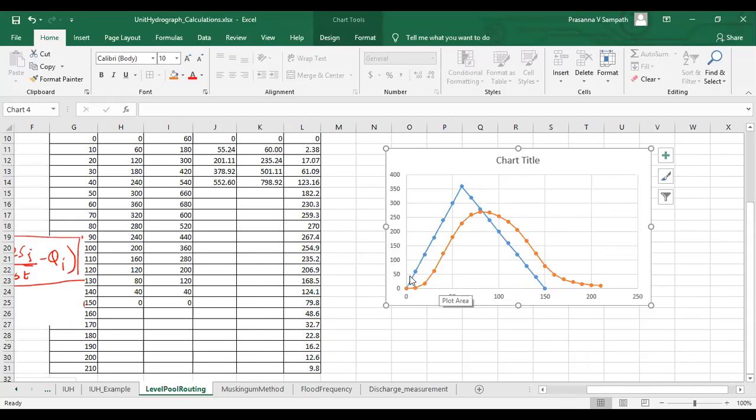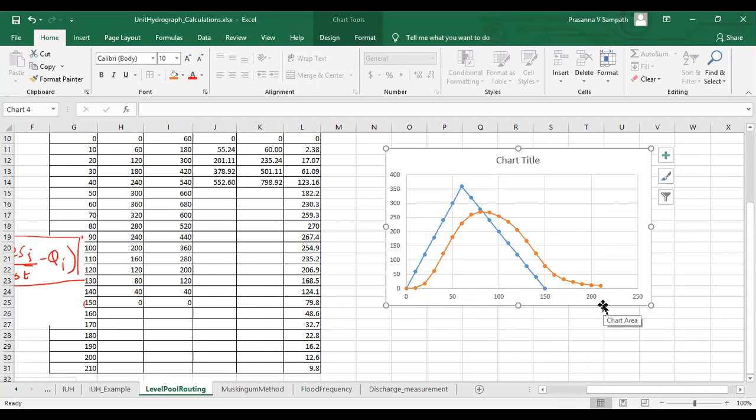The blue curve that you see over here is the inflow hydrograph, and this orangish color that you see is the outflow hydrograph, right? So now, can anybody tell me what are the 2 features that you noticed from these 2 plots? Something that we spoke about in yesterday's class. There are 2 features that are noteworthy. What are they?